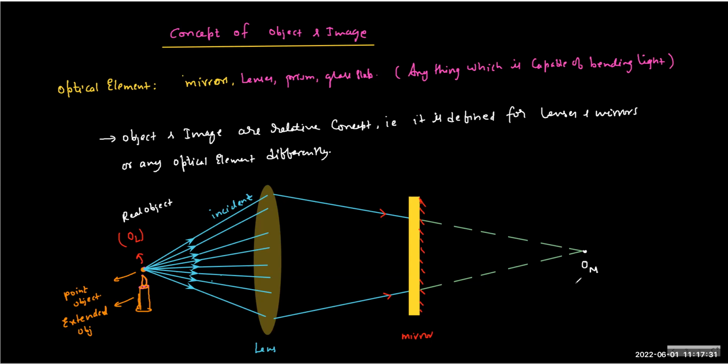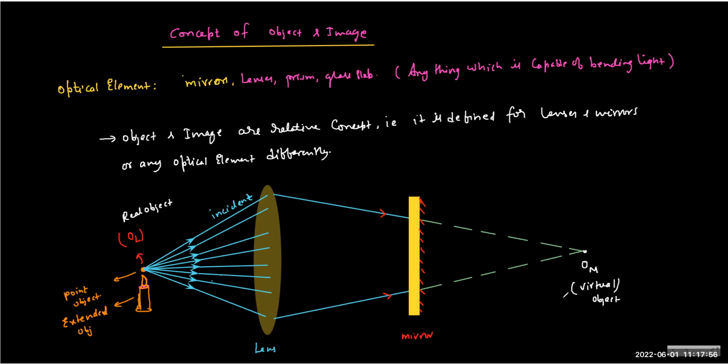But which kind of object? Virtual. Because of the obvious reason, the incident ray is not actually coming there, it is virtually coming there. That's very common sense.